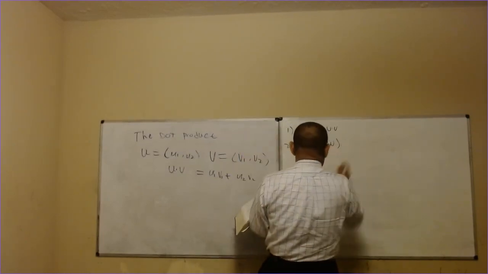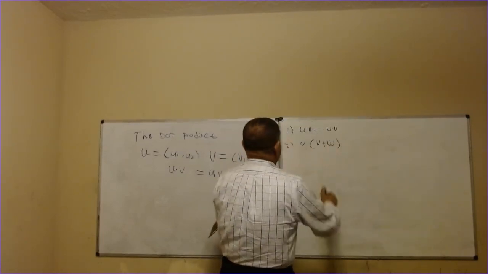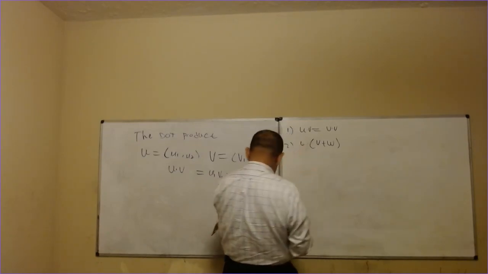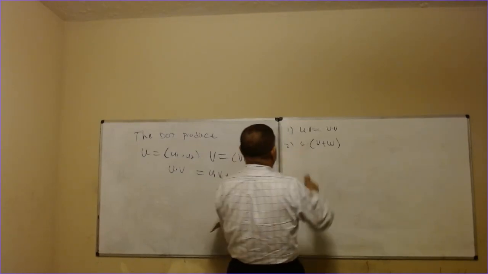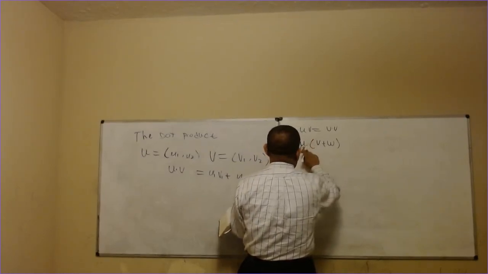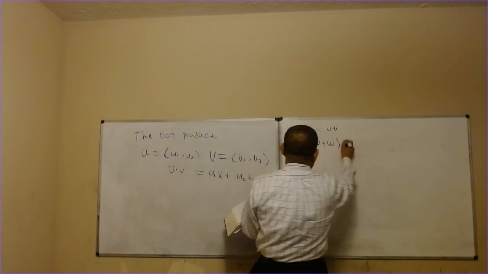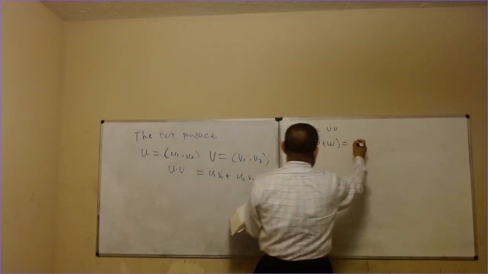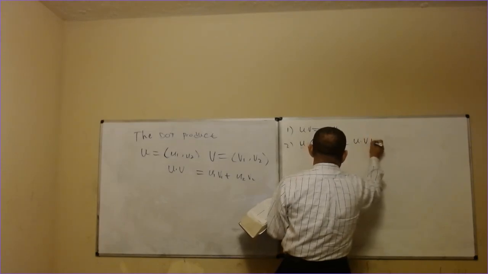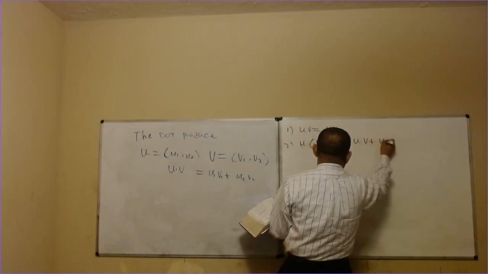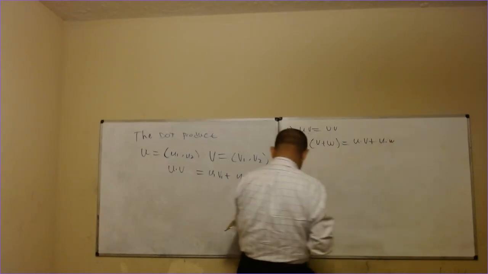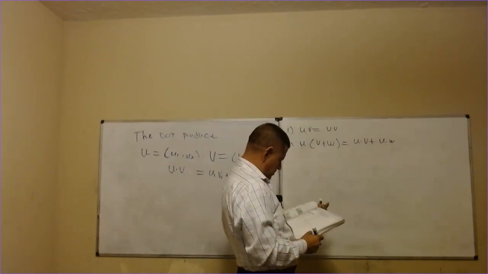Which is equal to what? I gotta distribute this. I gotta dot this with u. I gotta distribute that across, which is going to be u dot v plus u dot w, right?